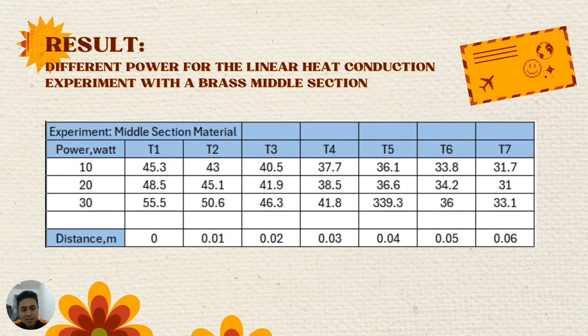I'm so sorry, for T5 at 30 watts it is actually 33.93, not 339. We use different distances, from 0 until 0.06.